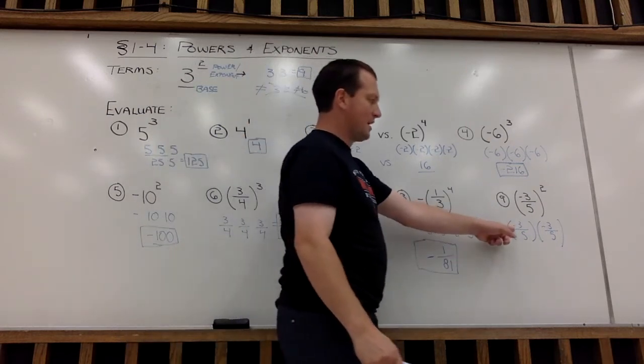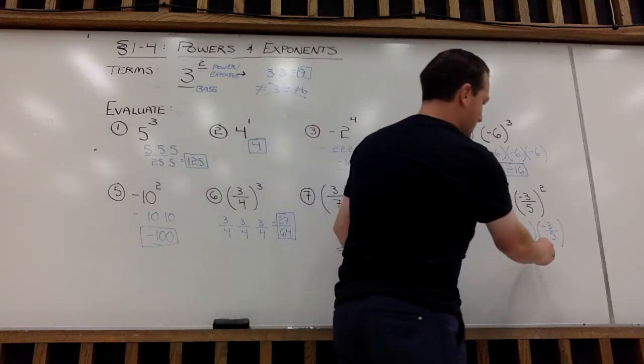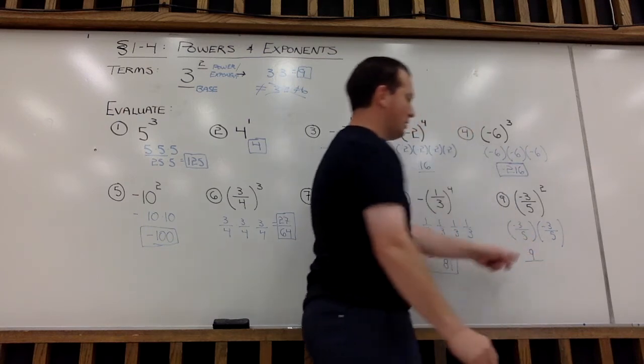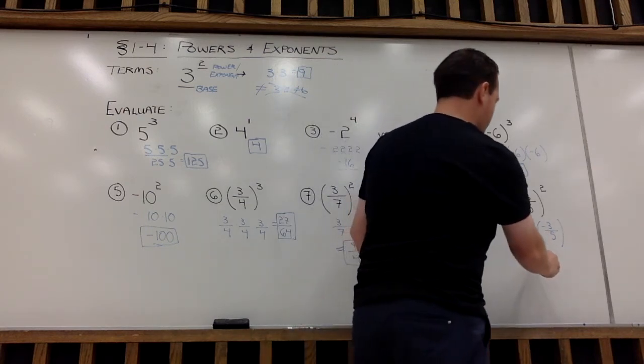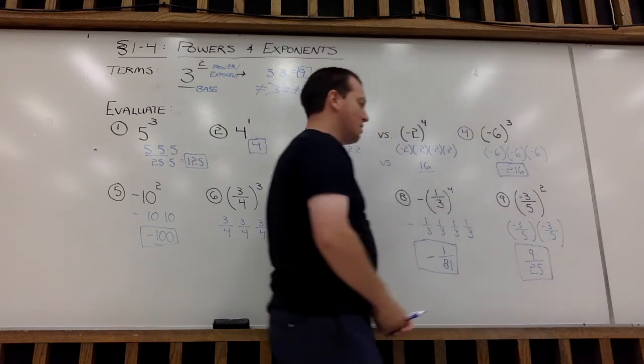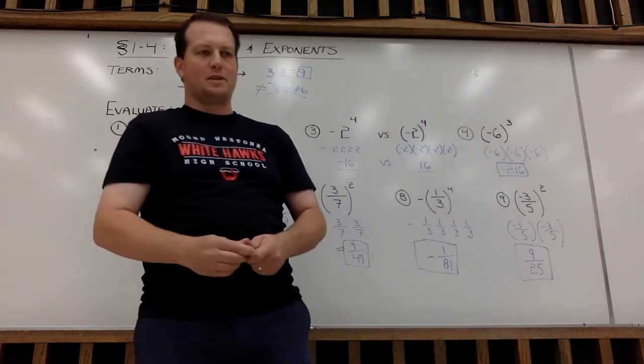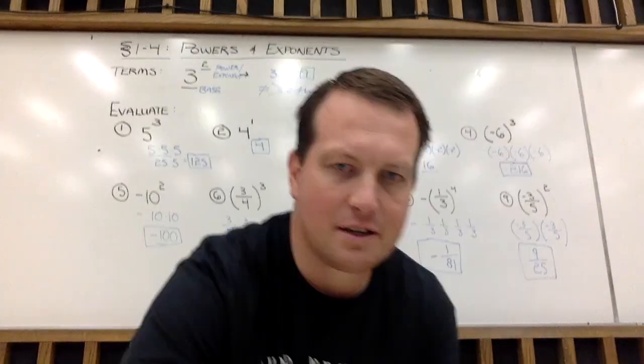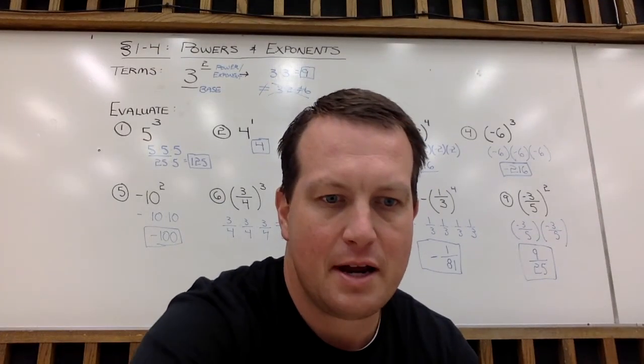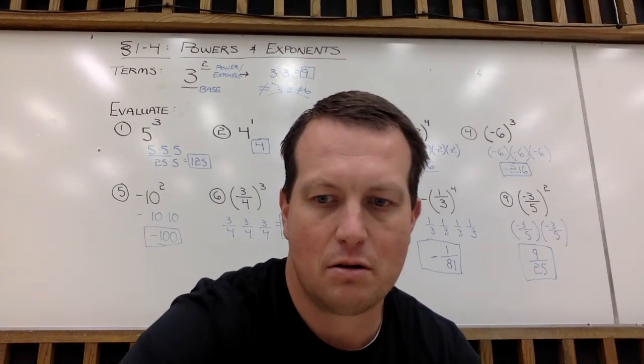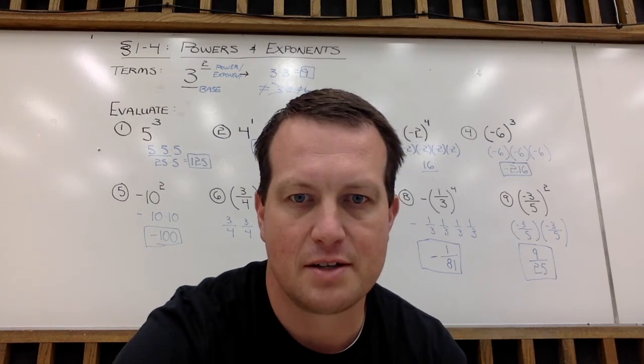So multiplying negative 3 times negative 3, I'm going to get positive 9 over 5 times 5, 25. So final result, positive 9 over 25. I'm going to get the mean examples set up, and we will go through those here in just a second.